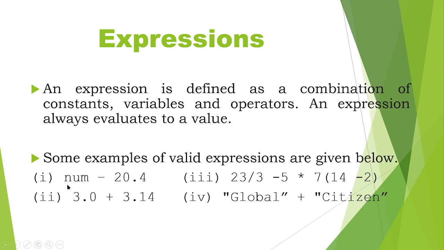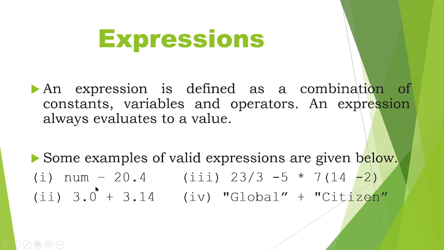See over here, num minus 20.4 is an expression. Here num is a variable, minus is an operator, and 20.4 is a constant, or you can say it is a value. So this is an example of an expression.